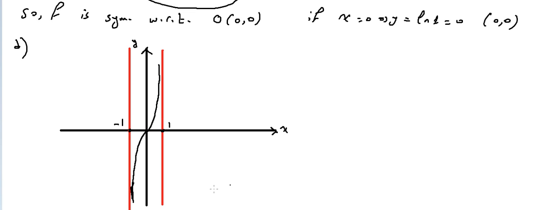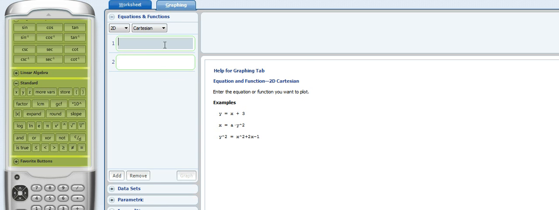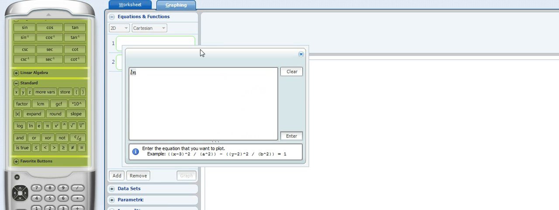Two parts. Let me check. Let me do this. It was ln of (x plus 1) over (1 minus x).